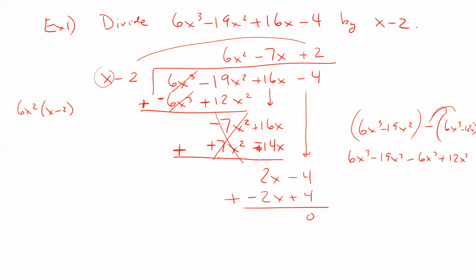So each time your leading term is going to be like 7x squared, obviously it's going to be 7x as your multiplier. If that leading term changes a bit, then yes, it's going to be a little different. If it was like 2x minus 4, then it would have been different.